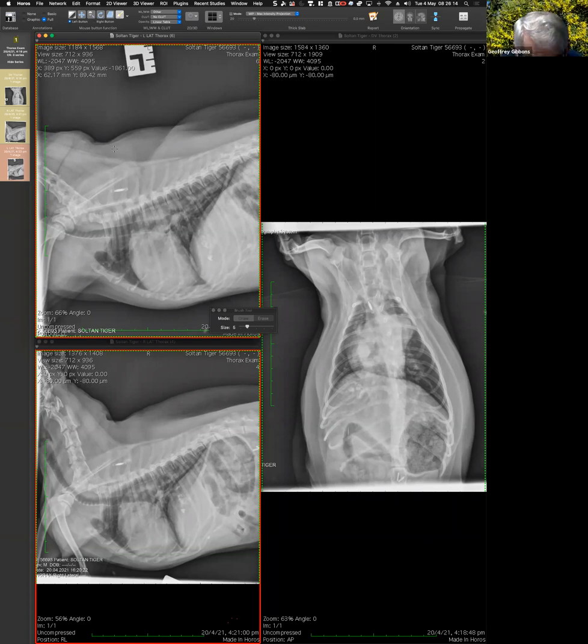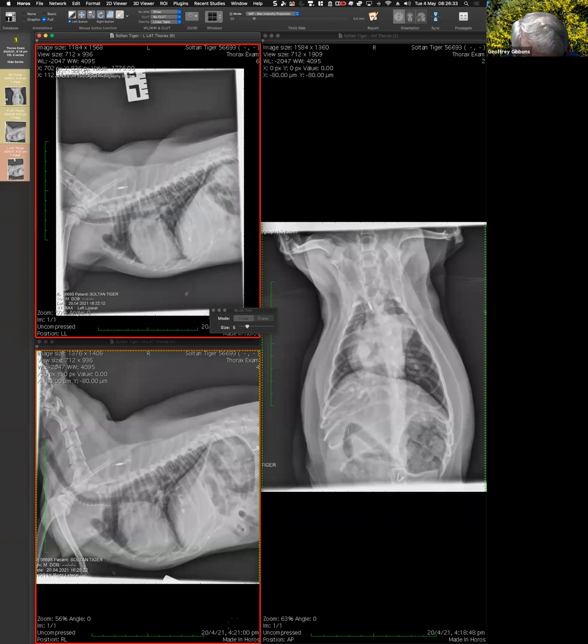Mariano, just off the subject a bit, on the right view, I think the liver is certainly beyond the costal arch, and the border here is just a little bit rounded.